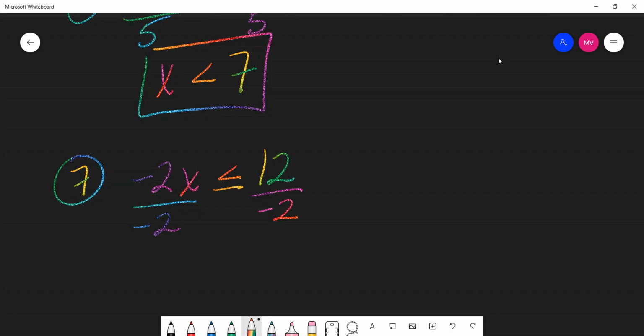If we multiply or divide by a negative number, we have to flip our inequality sign. So I'll show this to you guys again after we're done with these. So because we are dividing by -2, we must flip our inequality to say x is greater than or equal to, and then Eden, what is 12 divided by -2? Yeah, -6.